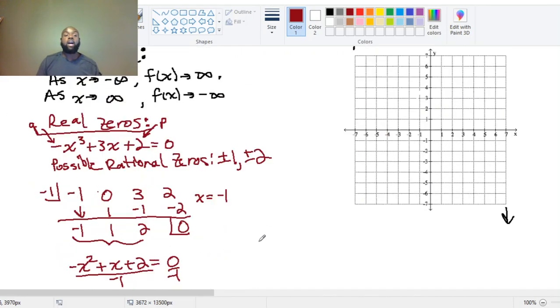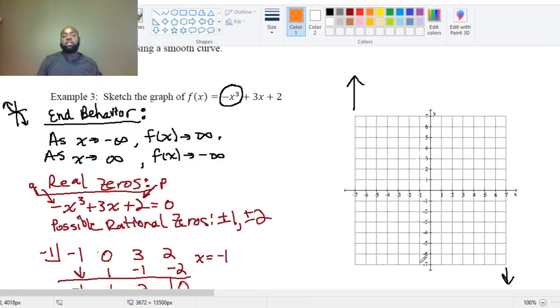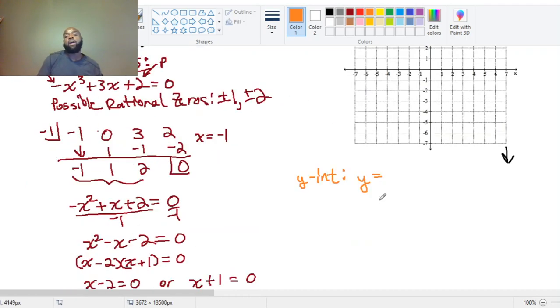Now we will find our y-intercept. That means you set all of your x variables equal to 0. So I'm going to plug in 0 here, plug in 0 here to cancel, and I'm left with y equals 2. So my y-intercept is the point (0, 2). And with that information, I have enough to graph, right?